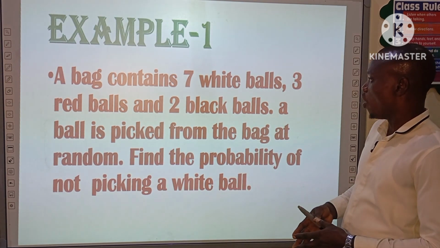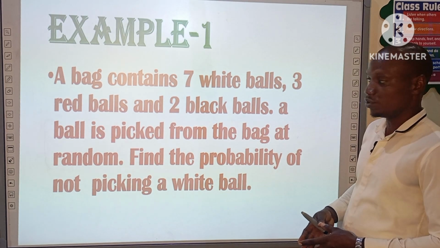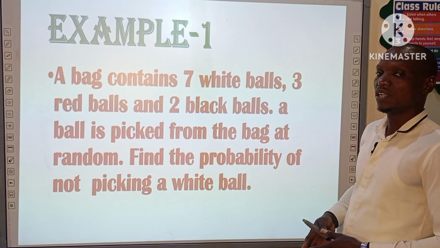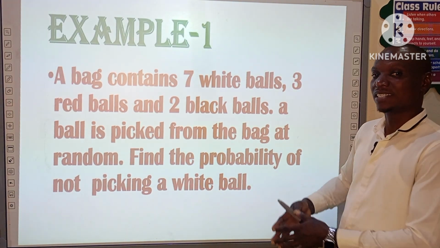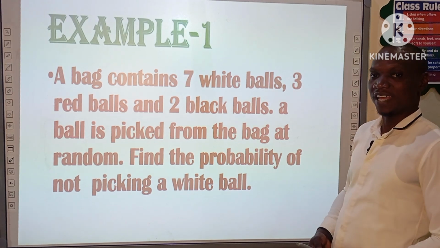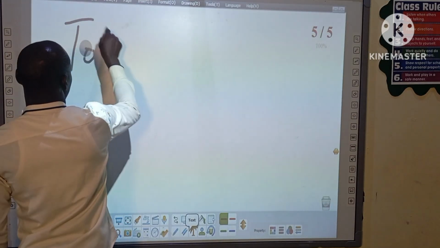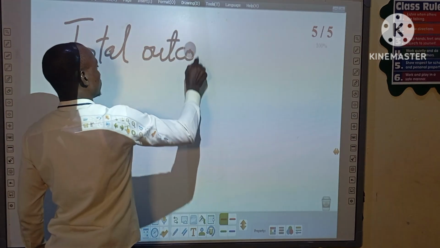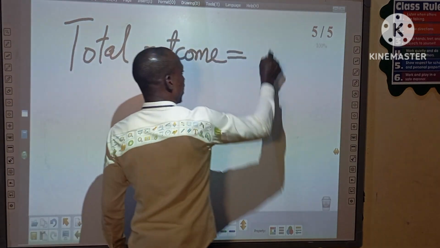The number of white balls on the board is 7. So the probability of picking a white ball is 7 over 12. We simply subtract this probability from 1. Let's go to the board and see how we can subtract to get our final answer. Total outcome is equal to 12.